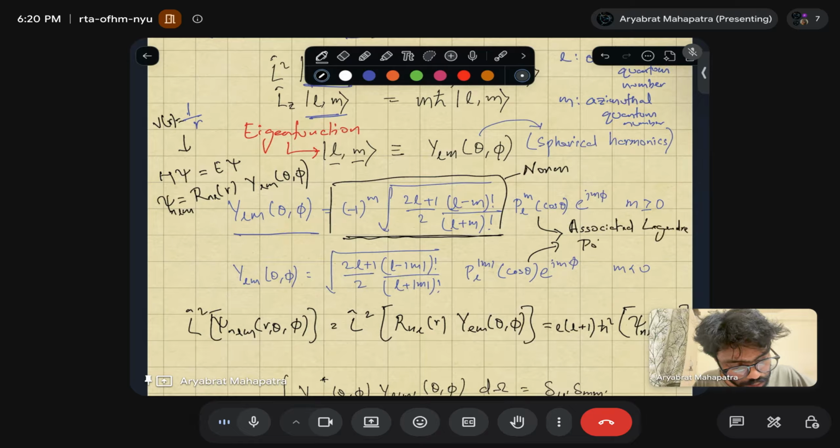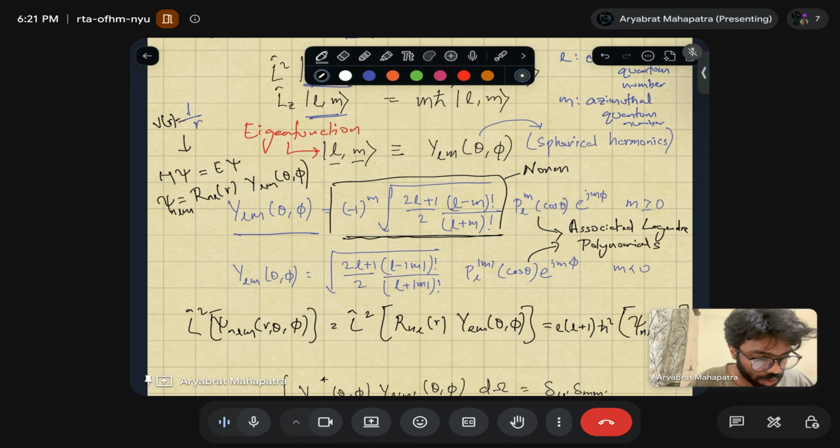Again, this is purely mathematical stuff, and I hope you have come across some special polynomials in your mathematical courses. This is exactly that. Legendre polynomials are one of those special classes of polynomials that become the solution of the spherical potential type quantum system, including the factor of this exponential i m phi.